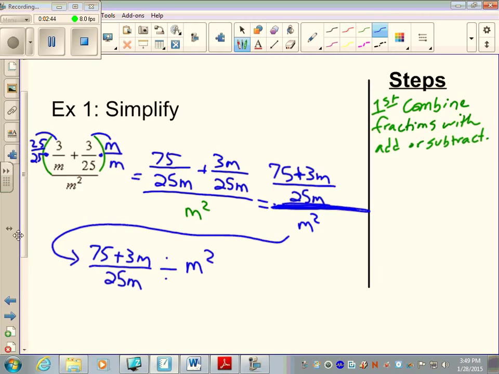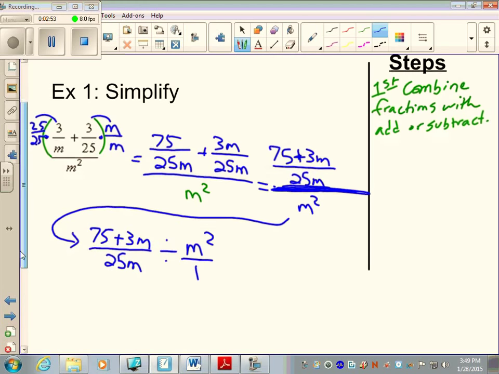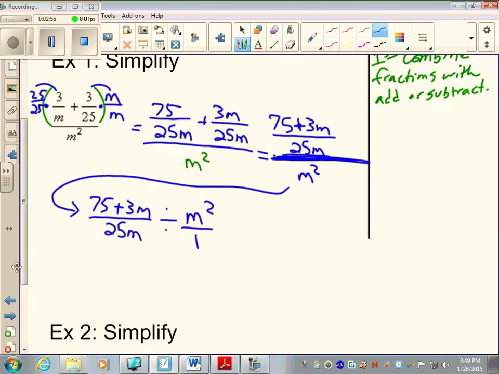But we want to make that a fraction, so you divide by 1, that'll make that a fraction. So now this is exactly like 6D part 2, where you have keep it, change it, flip it. So I'm going to keep 75 plus 3m over 25m. Keep it, change it, flip it.